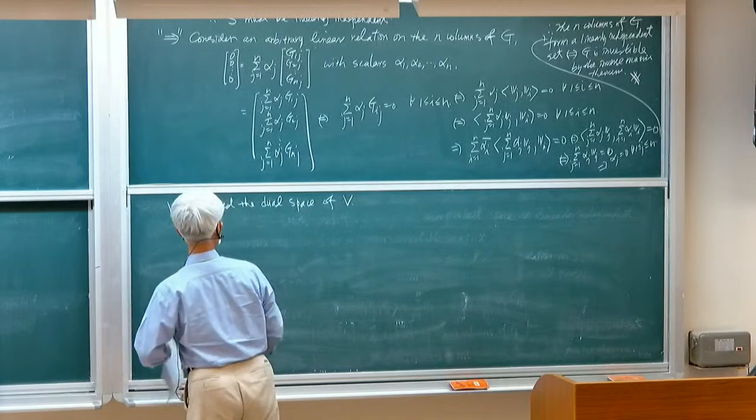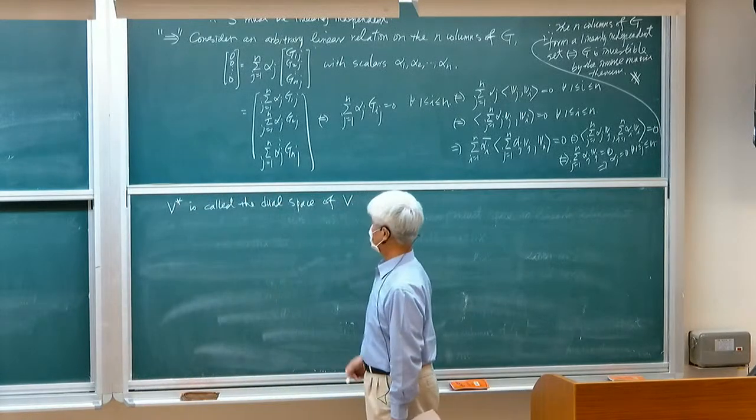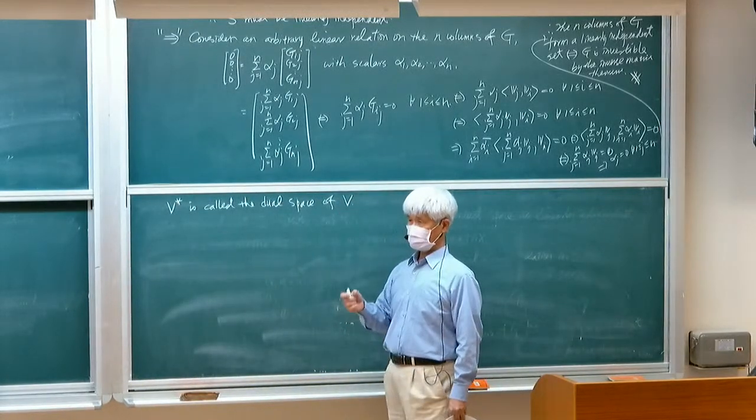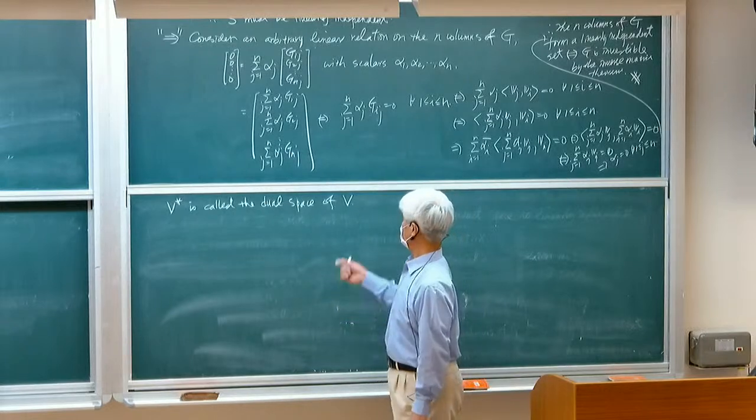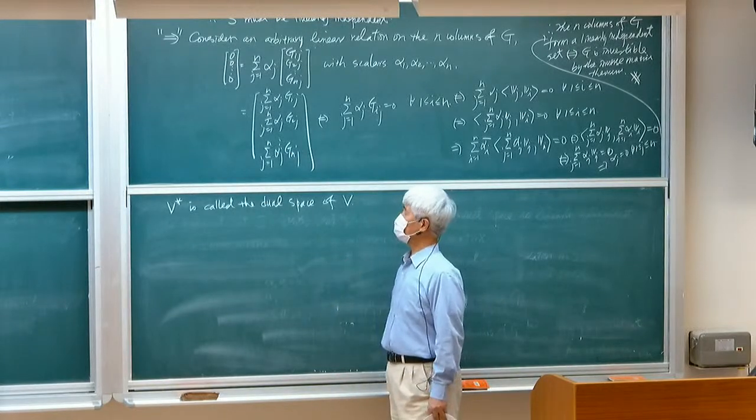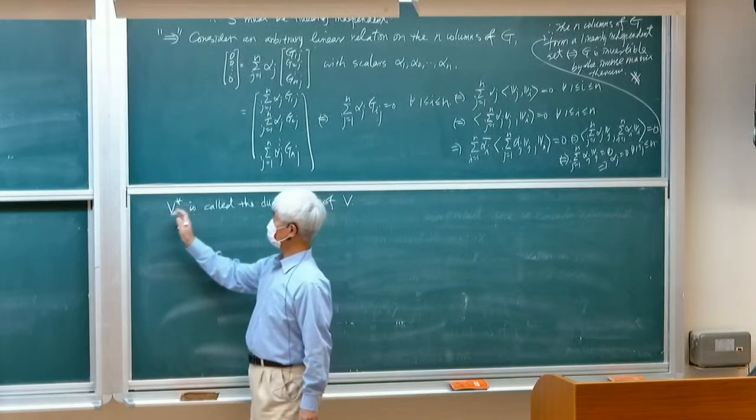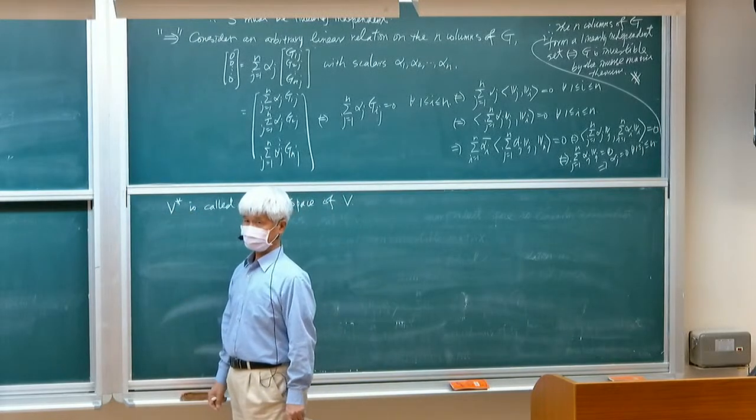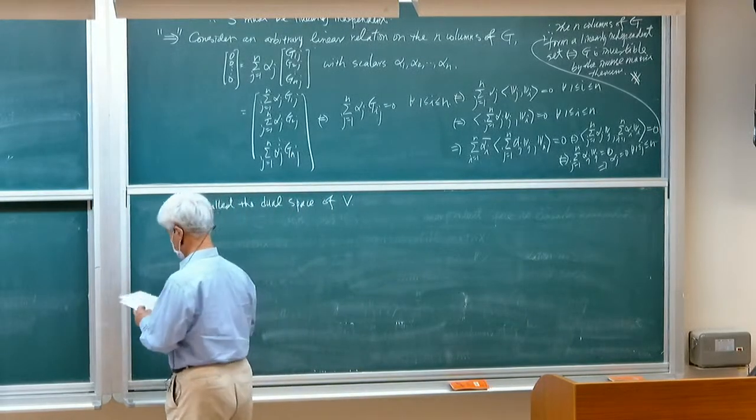Now the next question is that if V is finite dimensional, say if V has dimension n, can we determine the dimension of V star? Okay. All right.